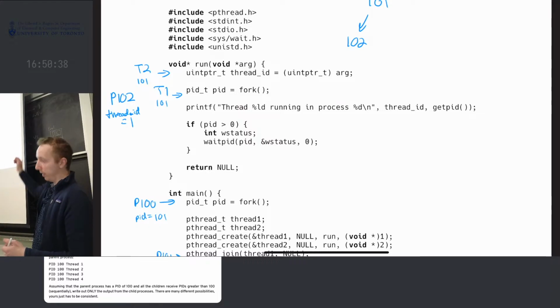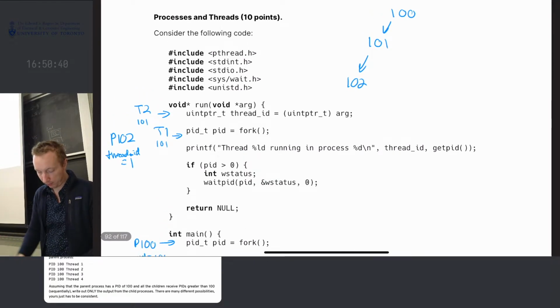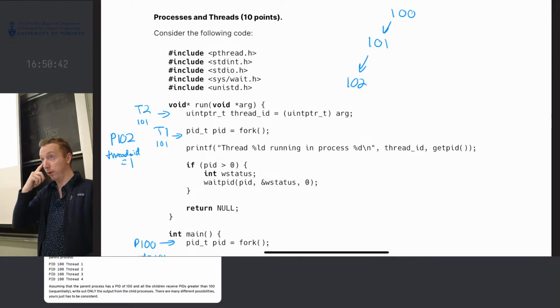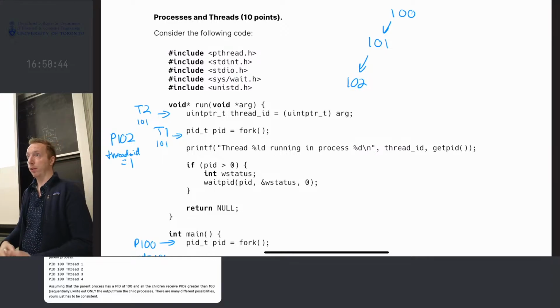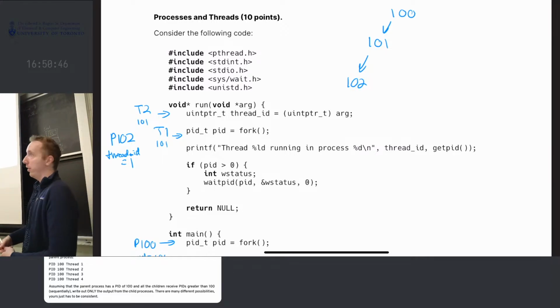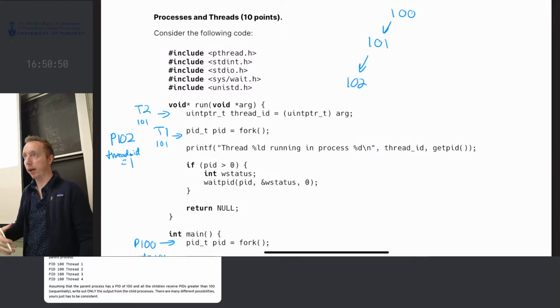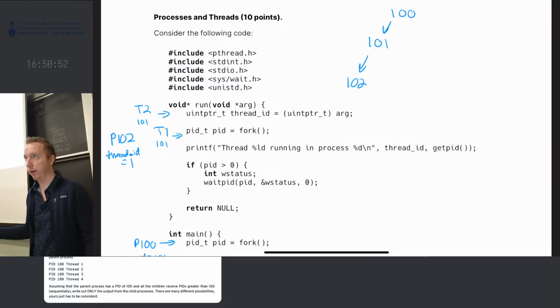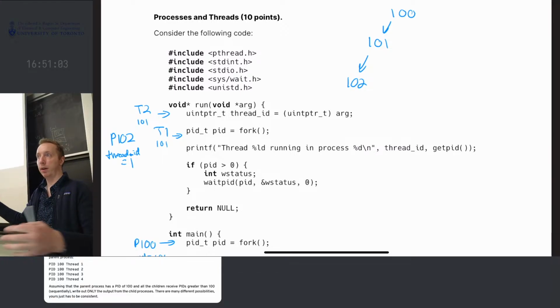All these threads, like thread 1 and thread 2 in this case, are running in process 101. So if you wanted to, another thread could wait on 102. It's still available because it's still your child process, just another thread made it. Process 102 is just a completely independent process that just keeps on executing.